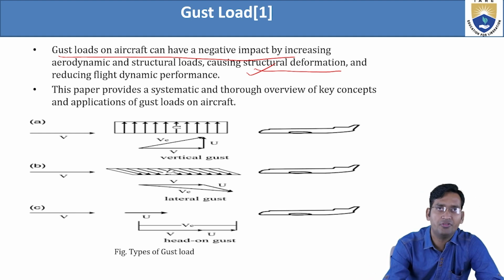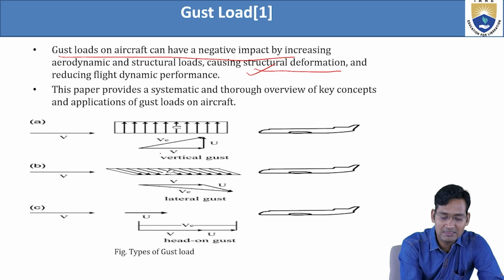Okay, so just see the first. Here is the vertical gust, how it is acting, V and U. This is the vertical gust, this U is acting here, and the resultant of this is this one. Second, again a streamline velocity is coming.